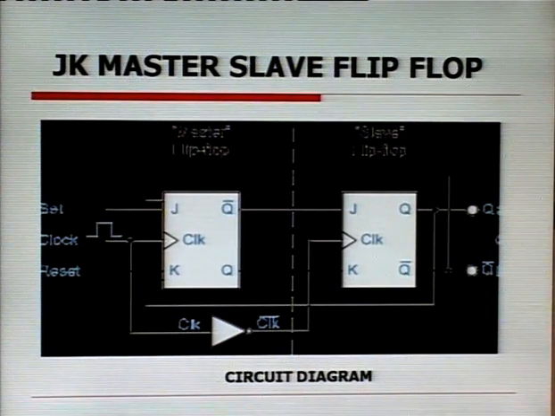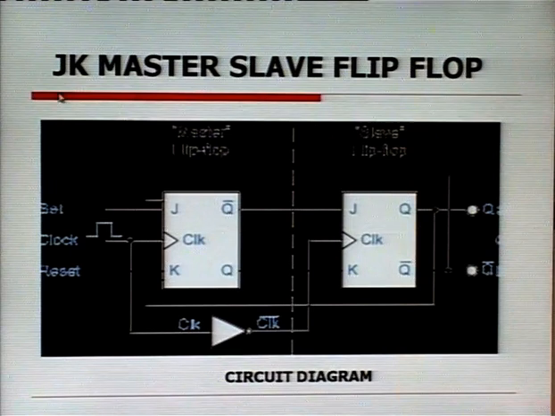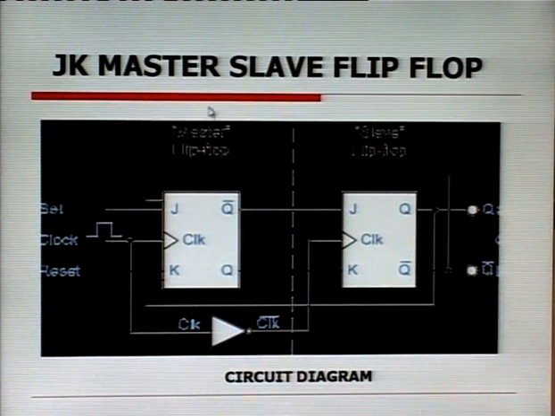To avoid this racing problem, we have a new flip flop which is called the JK master slave flip flop. As the name implies, there are two flip flops, one called the JK master flip flop and the other called the slave flip flop.